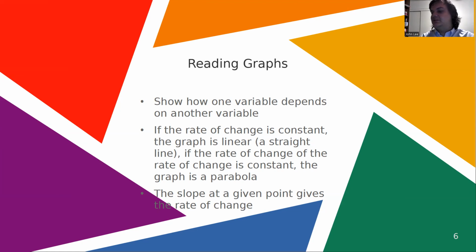The rate of change tells you how much the y variable is changing over the x variable. So it gives you the slope at a given point, which if the rate of change is constant is going to just be a linear graph. And if the acceleration is constant, then the graph is going to be a parabola.